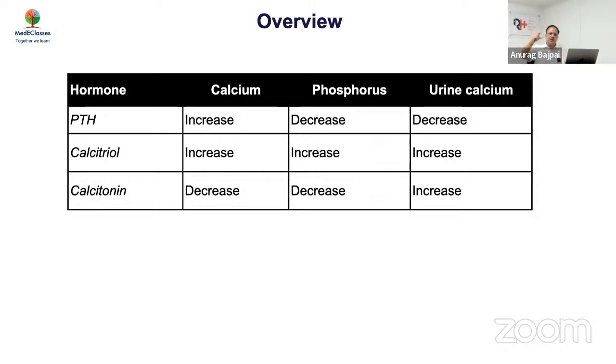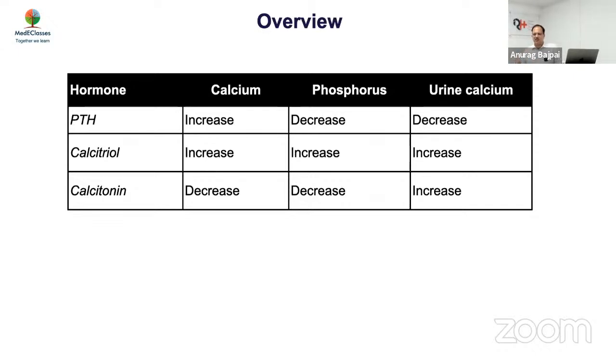So for the same level of calcium, a normal individual versus a hyperparathyroid individual, the hyperparathyroid individual will have a lower urinary calcium excretion.